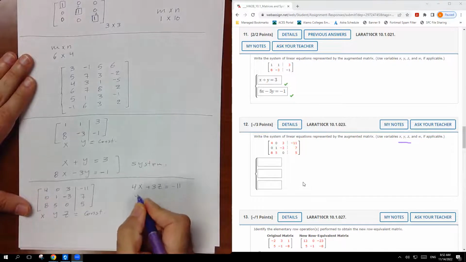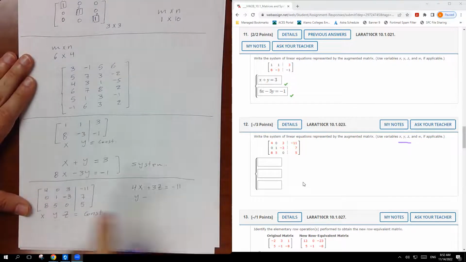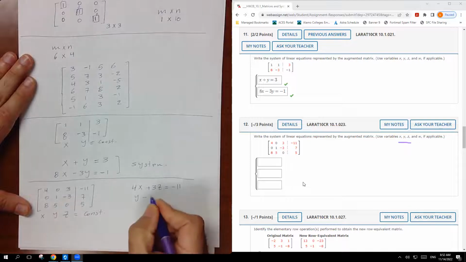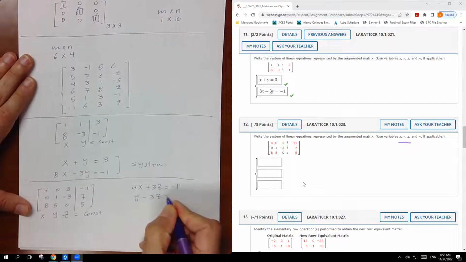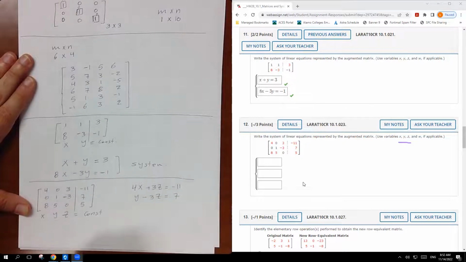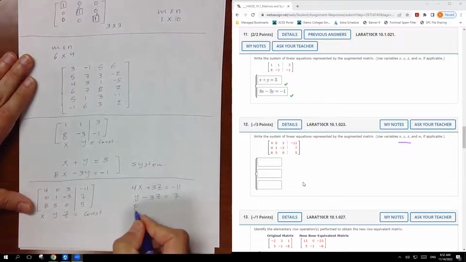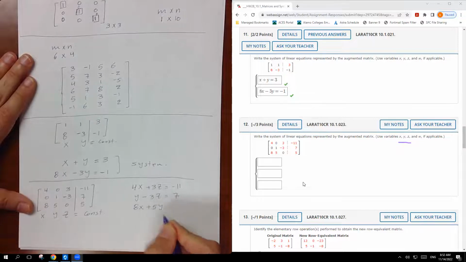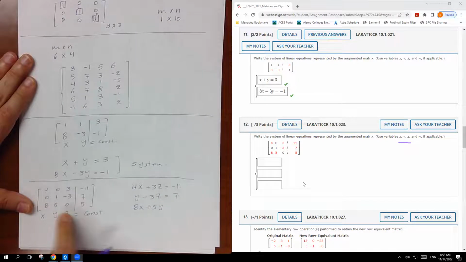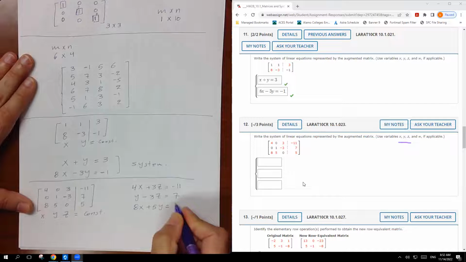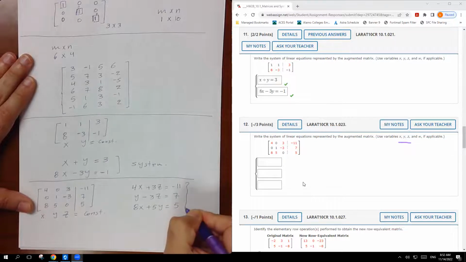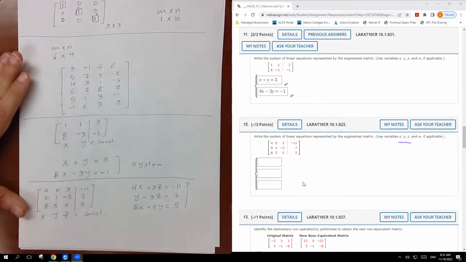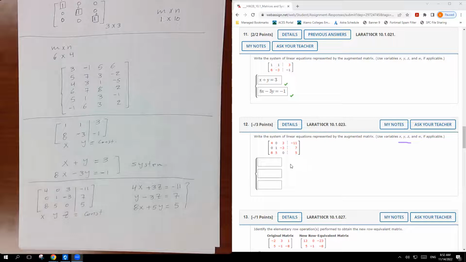We have 1y minus 3z equals 7. The third one, we have x and y, there is no z. So we have 8x plus 5y, 0z, equal 5. So here is our system. This is the system for this augmented matrix.